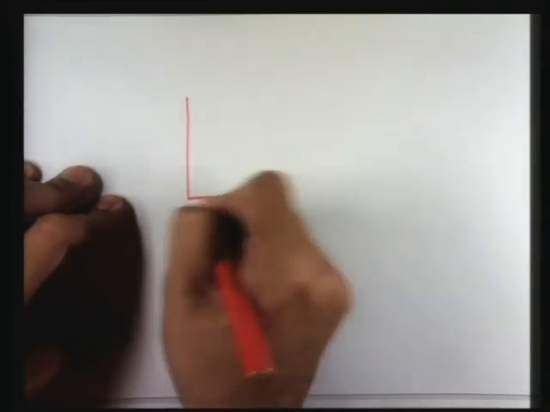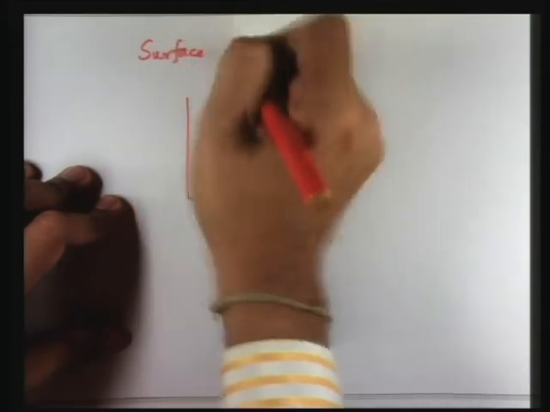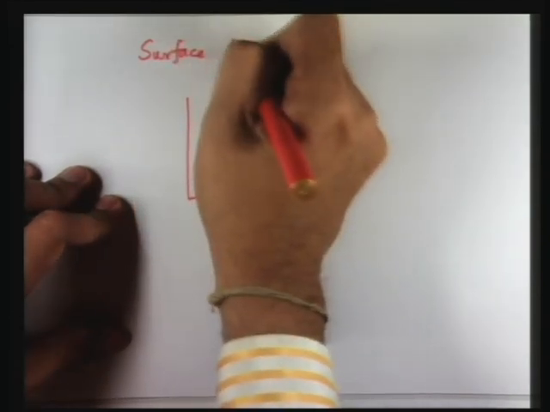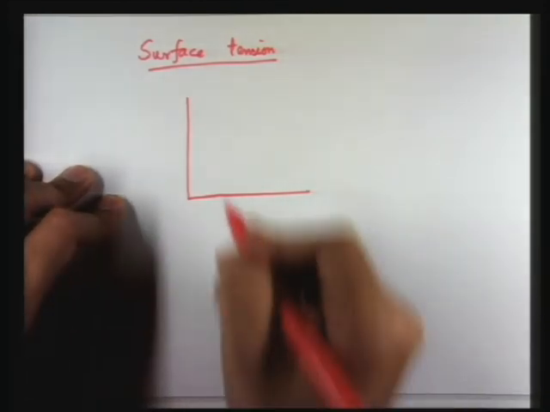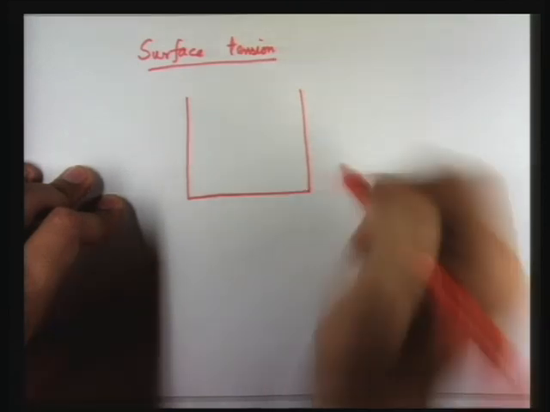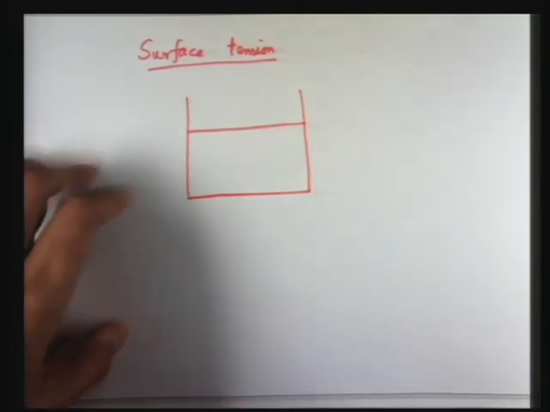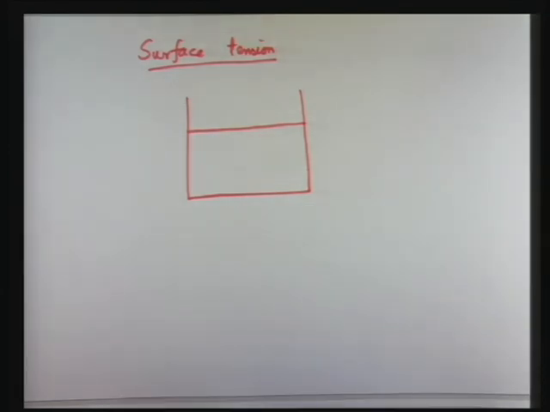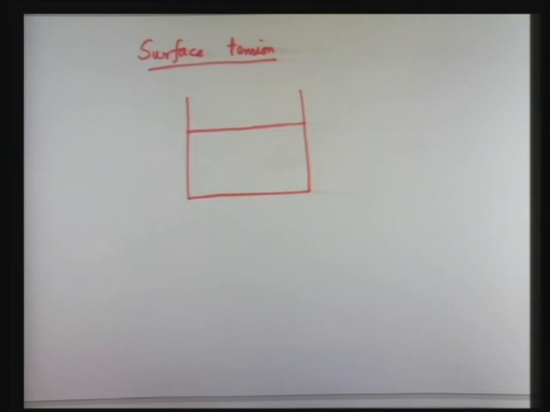So let us say, we are now discussing surface tension. Let us say that there is a beaker. In the beaker, there is a surface. I have drawn it like flat, it need not be flat. This is the problem with many of us as teachers.